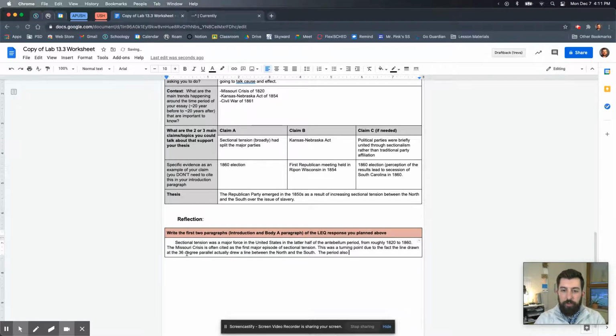This period also included events such as the Kansas-Nebraska Act, in which Stephen Douglas bent over backwards to craft a plan for the Transcontinental Railroad in a way that would accommodate tension over slavery.